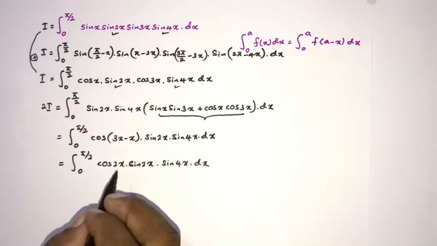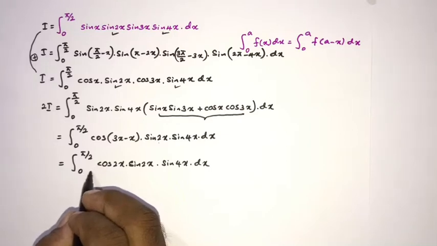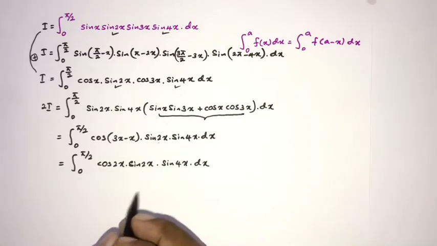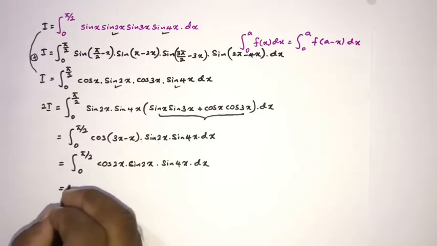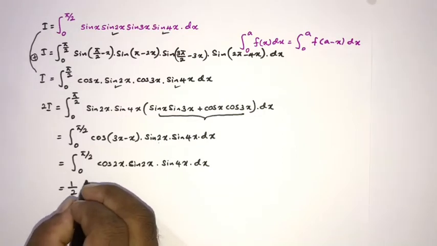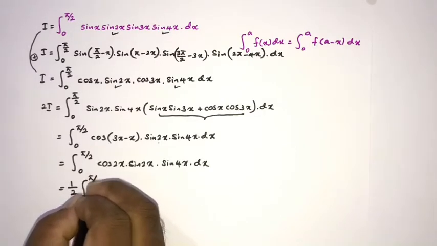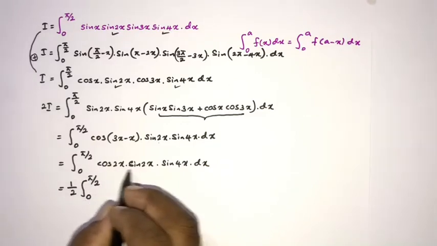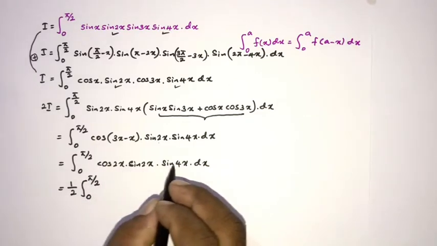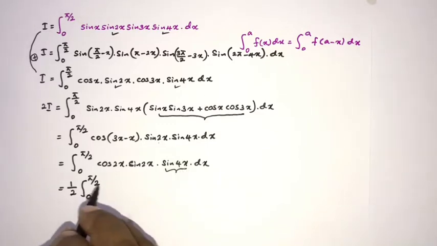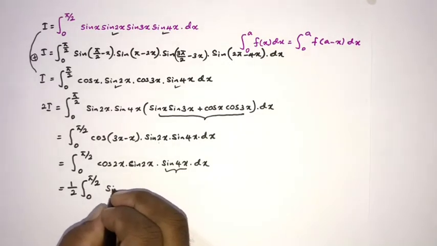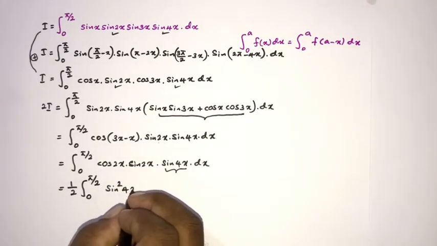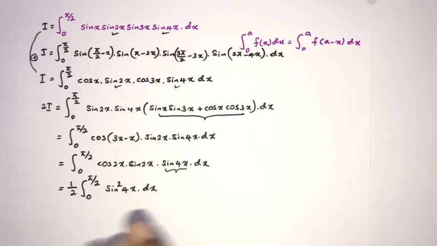Now, if we multiply by 2, we get the double angle formula of sine, so I'm going to divide by 2 and also multiply by 2. Multiplying, we get sine of 4x, and here we also have another sine of 4x, so we have sine squared of 4x dx.